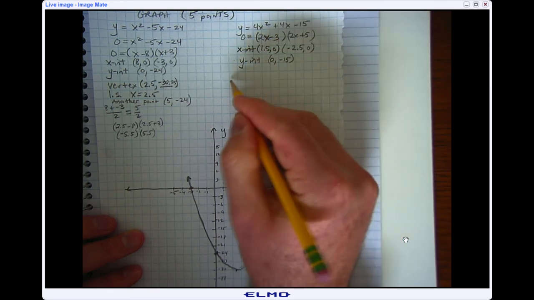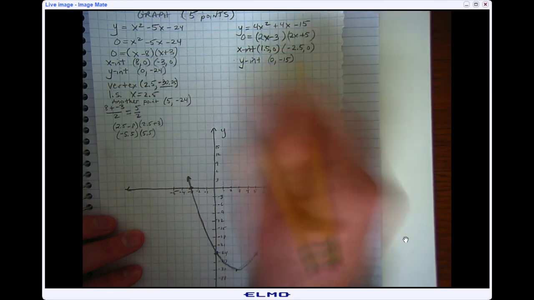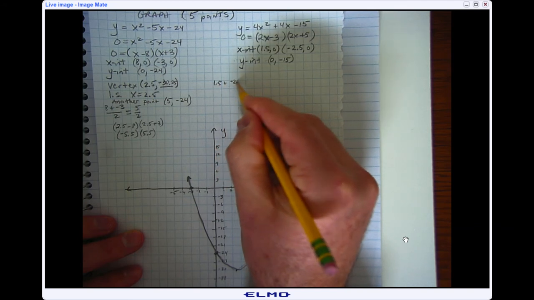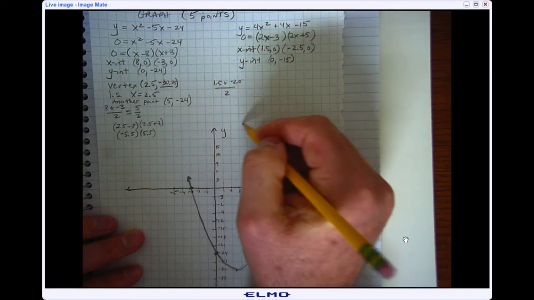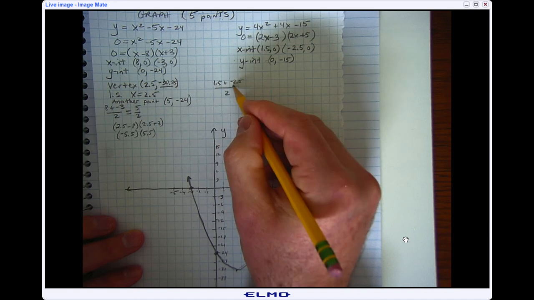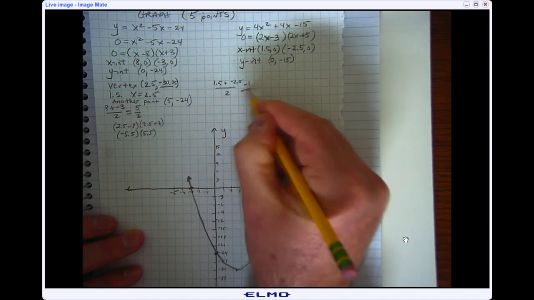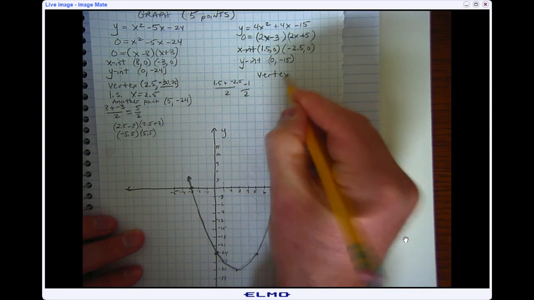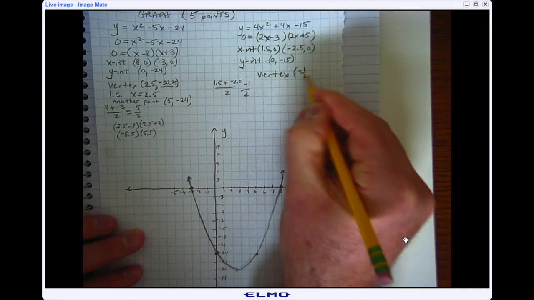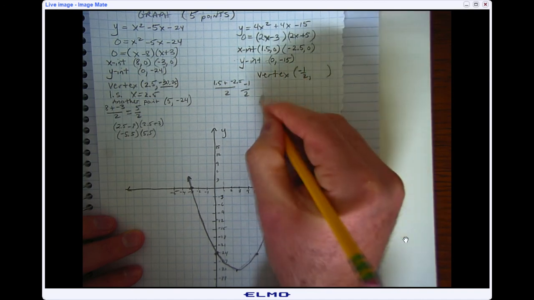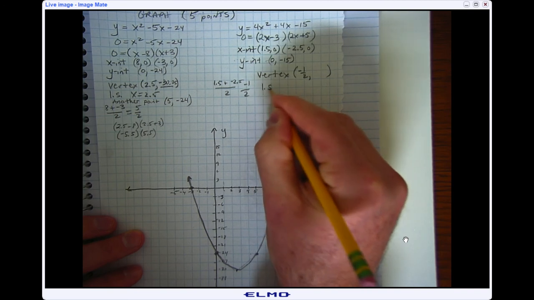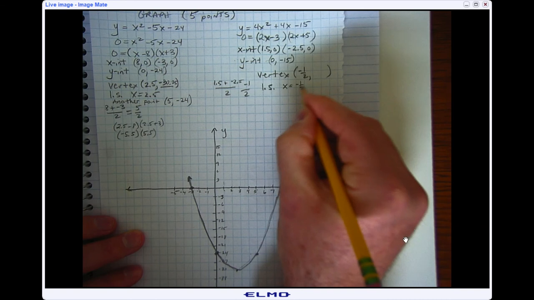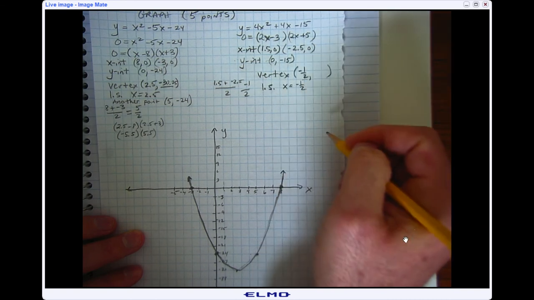Again, to find the vertex, I add my two x-intercepts together. If I add 1.5 plus negative 2.5 and divide by 2, I get negative 1 divided by 2. So the x value of my vertex is negative half, and the line of symmetry is x equals negative half, because remember, it's always the x value.